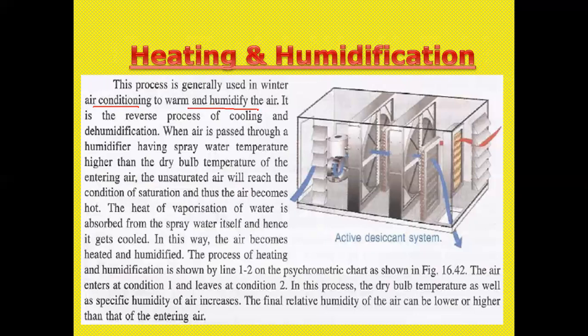Why? Because in the winter season the temperature is below zero degrees centigrade, so it may go to -10 degrees, -18 degrees. At that point of time, the people living there require this type of heating and humidification process, where in winter the air will get warm and humidified.